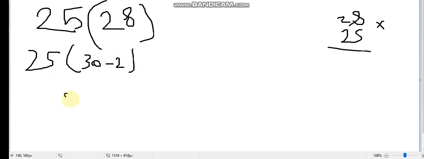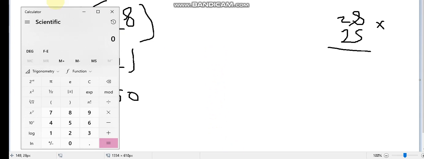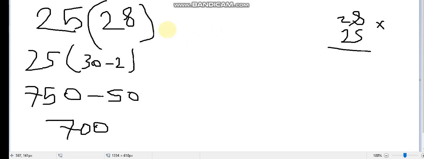So 3 by 25 we know is 75, minus 50. So the answer will be 700. To be sure that my number is correct, I will use the calculator again. Here are the numbers, 25 by 28, and it equals 700. So it is correct. This is one way of making fast multiplication of numbers.